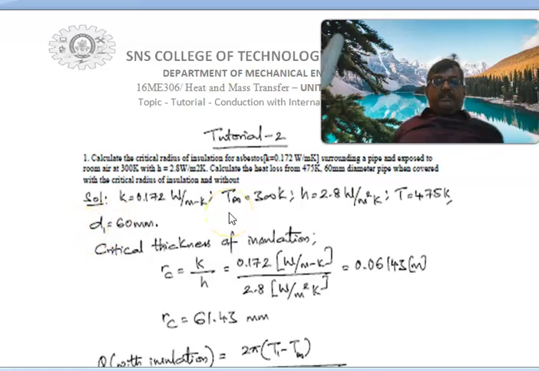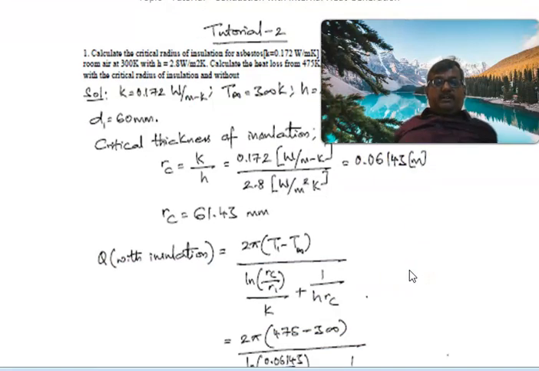So for the critical thickness, we already know the formula: Rc, the critical radius, is k by h. The k value is given, the h value is given, which is in meter. I am converting it to meter, 0.0614543 meter, and Rc becomes 61.43 in millimeter, converting meter to millimeter.